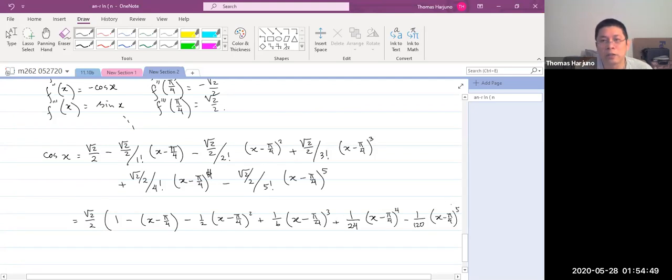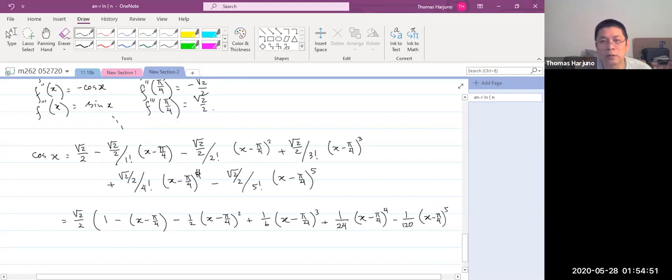Okay, now this is the first 6 terms, the first 6 non-zero terms. I factored radical 2 over 2 out to make the coefficients look nicer.